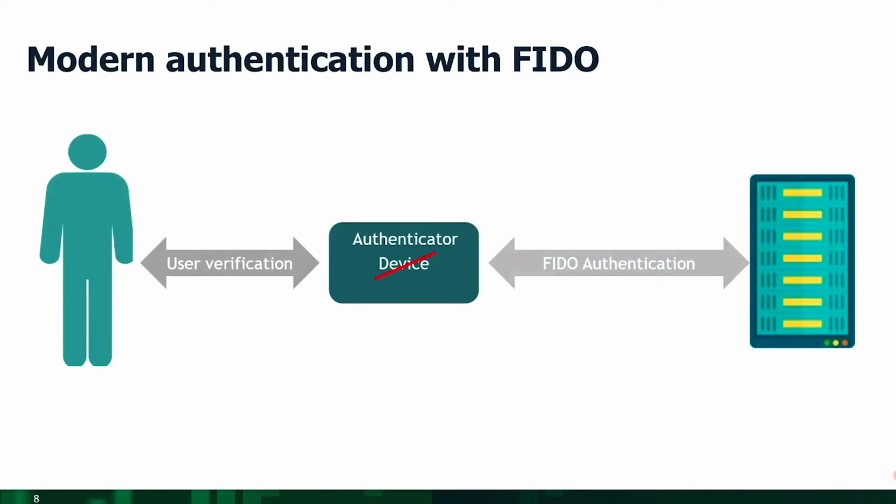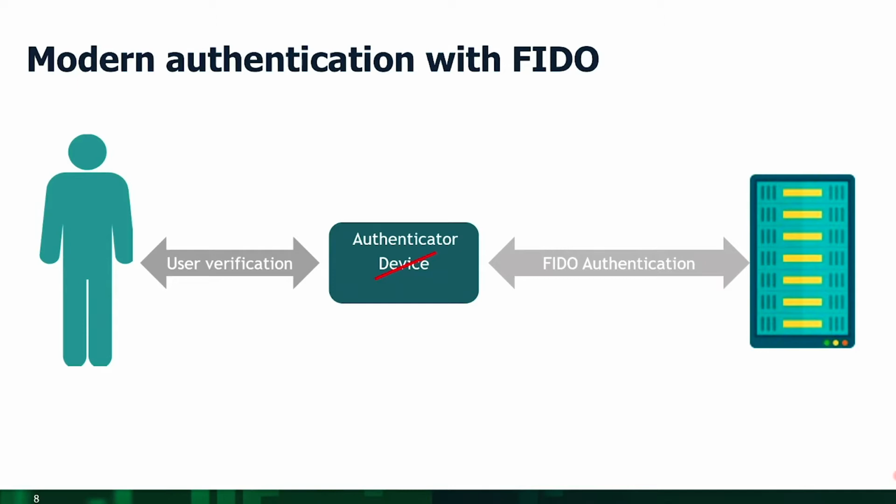So the first difference that we have with modern authentication, what I'll call FIDO, is that you're no longer doing the verification with just some unknown device. We separate what's going on between the user and what we call the Authenticator, which now acts like a proxy to the authentication process.